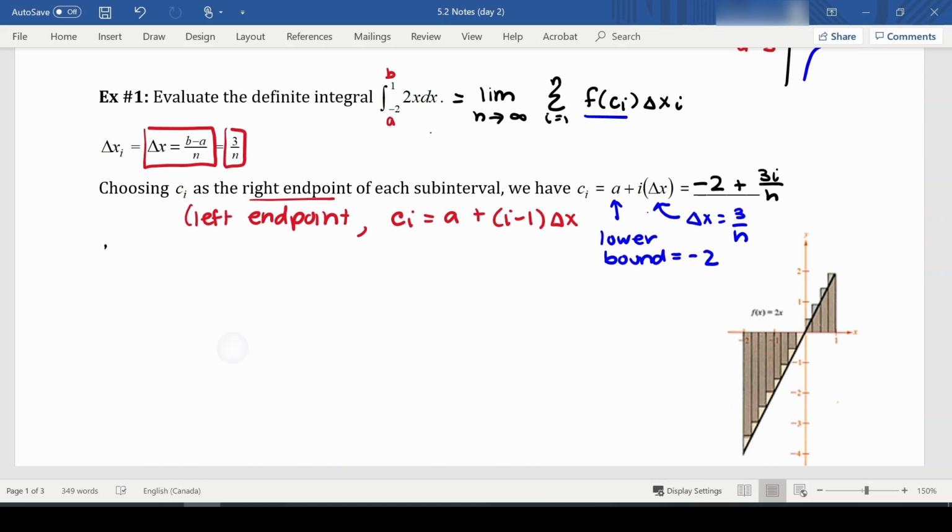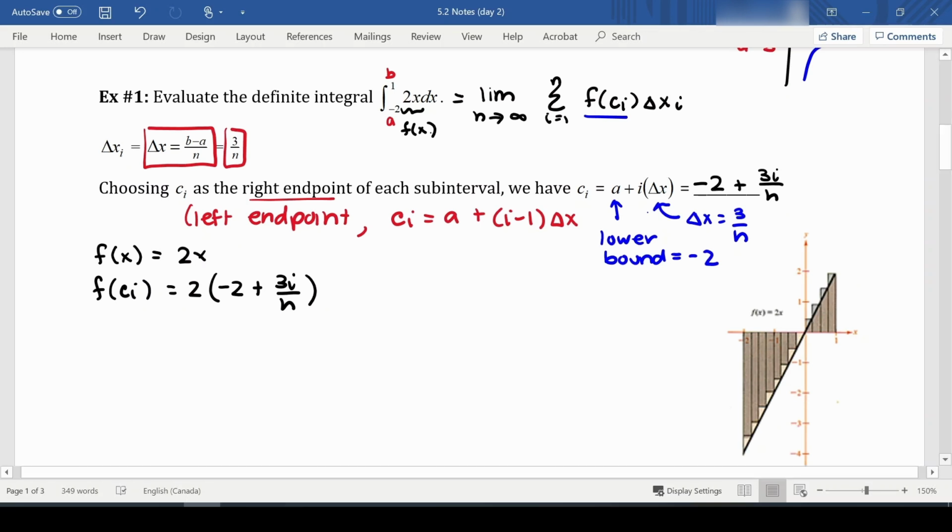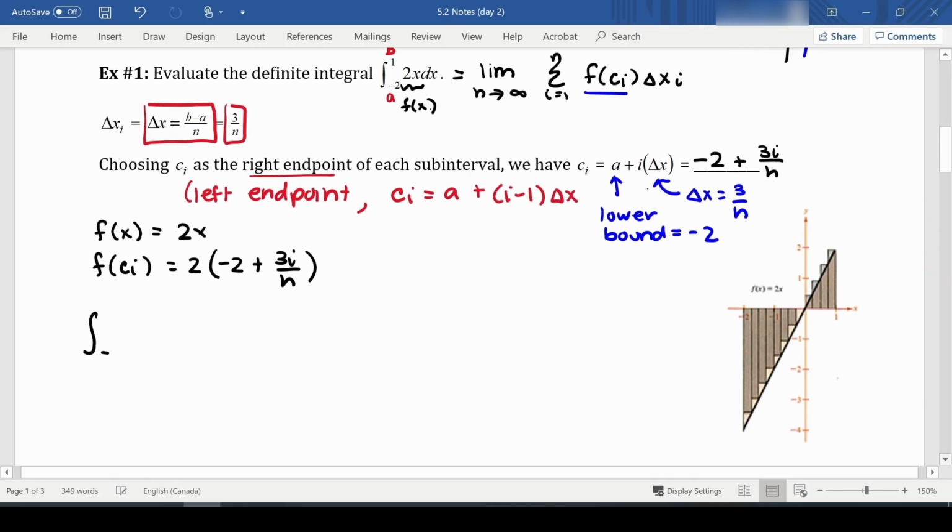We know that our f of x is equal to 2x. And so f of ci is going to be 2 times negative 2 plus 3i over n. Now, if we want to find the integral, we're doing the integral from negative 2 to 1 of 2x dx, which we know should equal the limit as n approaches infinity of the sum of all of our rectangles.